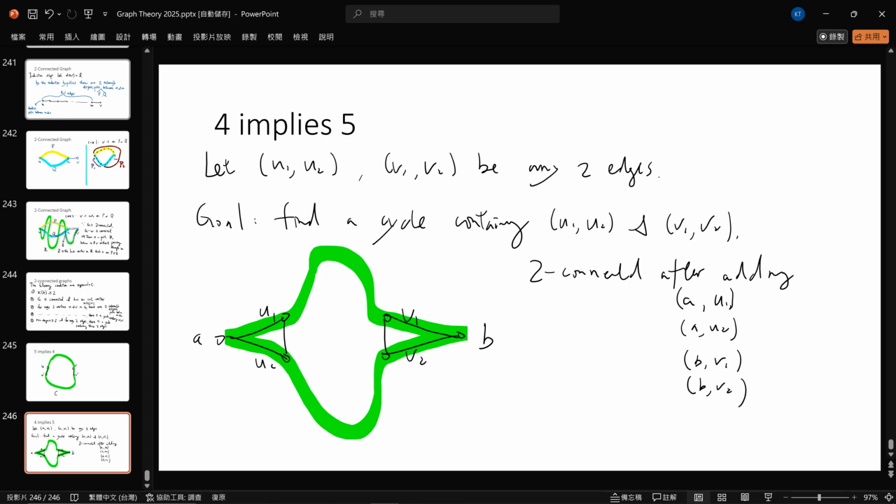So the trick is to add these two helping vertices and these four edges. And then you can use this green cycle on the new graph to create the cycle you want for the original graph. All right, so that's it.